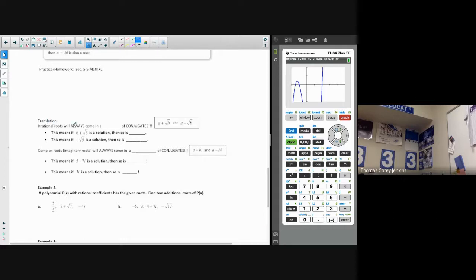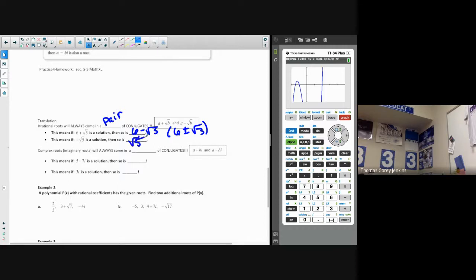Translation: irrational roots will always come in a pair of conjugates. So if you have 6 plus the square root of 3, then you also have 6 minus the square root of 3, which is usually written as 6 plus or minus the square root of 3. If we have negative square root of 5, we also have positive square root of 5.